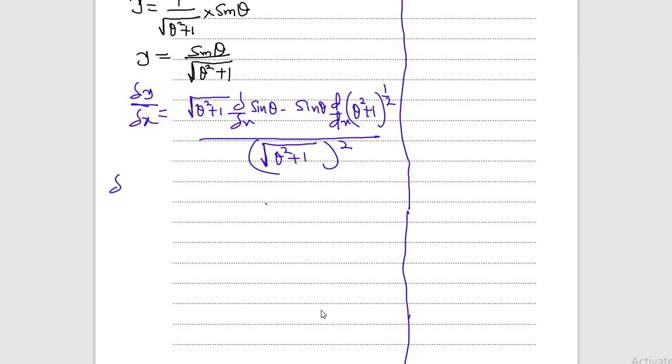So hence dy/dx will be, like I said, theta squared plus 1 raised to the power half, you don't touch it. When you differentiate sine theta, we have cos theta, minus sine theta. Now let's differentiate theta squared plus 1 raised to the power half. It will be half bracket theta squared.